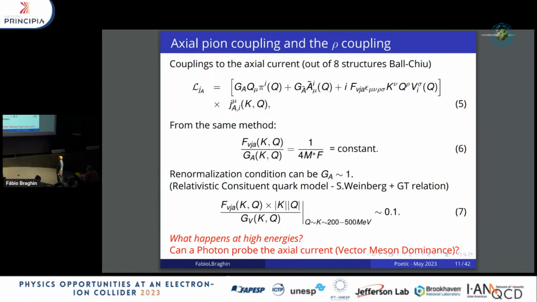So just speculating, if a photon comes close to the nucleon by means of the vector meson dominance and of this sort of mixing of vector and axial current, this photon could also be probing the axial current, although with a reduced strength.